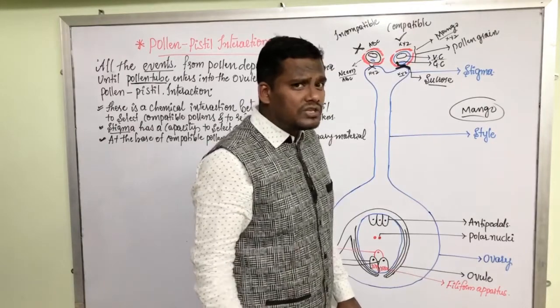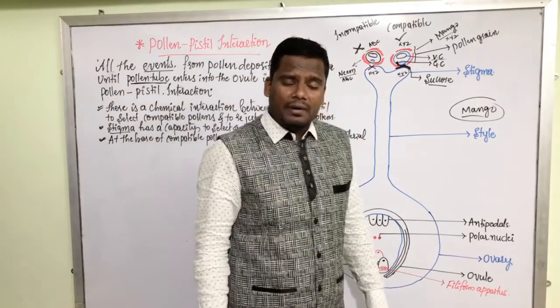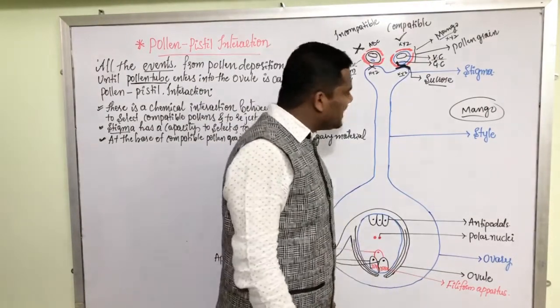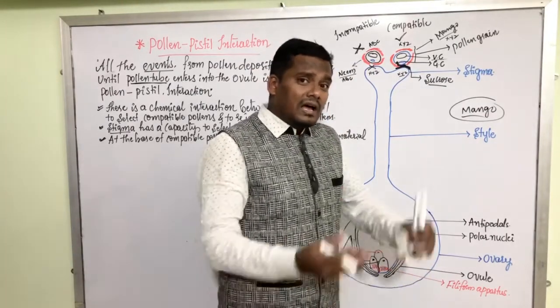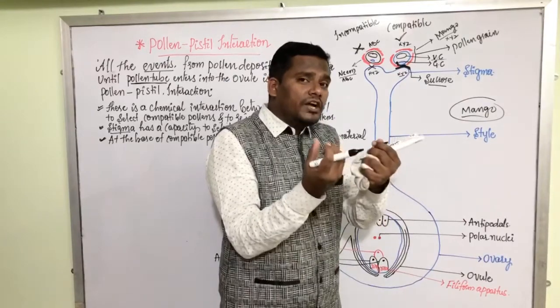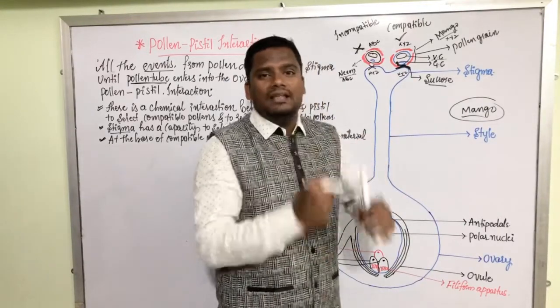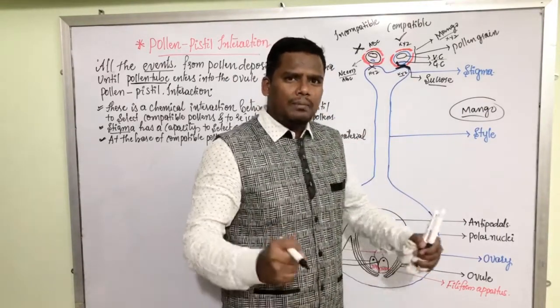What is that vegetative cell? Recall the structure of the pollen grain, my dear friends. The vegetative cell is a nourishing cell. A rich amount of nutritive materials gets stored in that cell. That is why it is a swollen and bulgy cell.